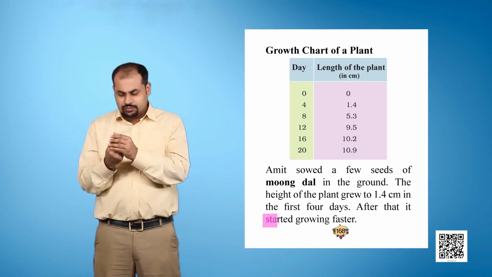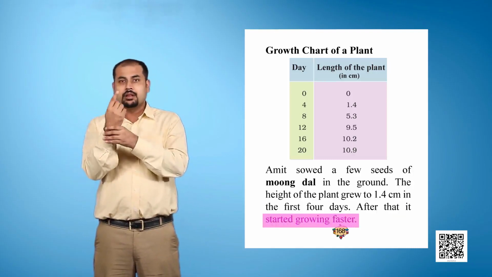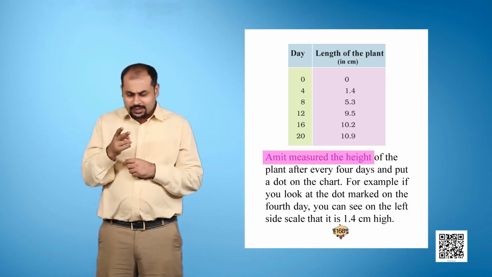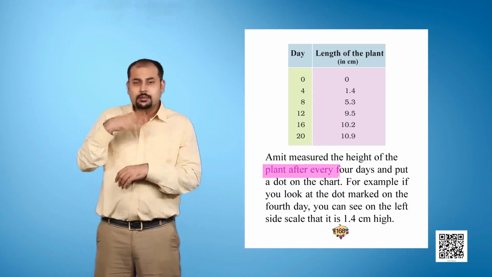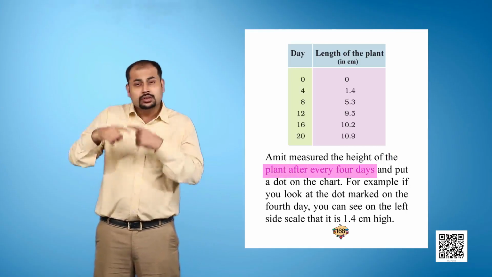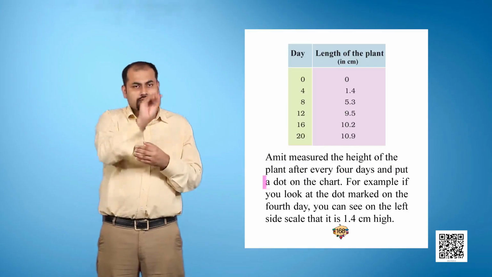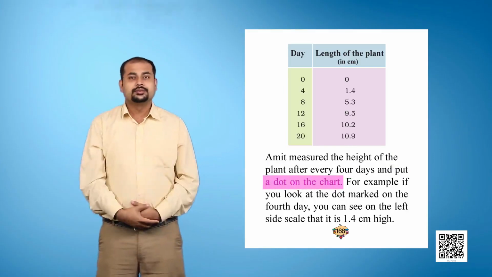After that, it started growing faster. Amit measured the height of the plant after every 4 days and put a dot on the chart.